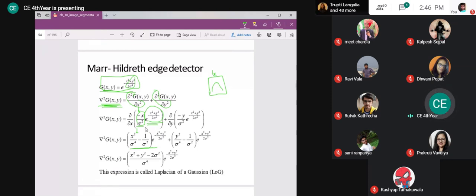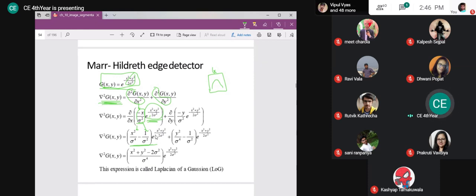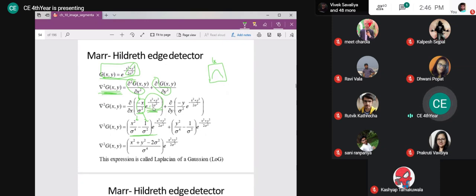This differentiation gives 1 by sigma square into this as it is. And what about this? It is 2x divided by 2 sigma square, so the 2 will get cancelled, but x by sigma square is already there. It will get multiplied here, so you will get x square by sigma raised to 4.